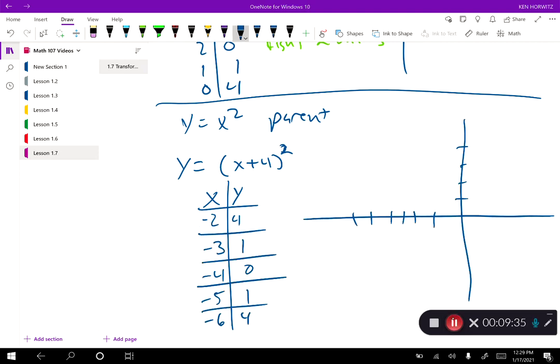All right, so here's my table of values compared to yours, but let's make a graph, and I'm not going to graph the parent function. Now, we've seen that enough, so I'm going to say -2, 4, -3, 1, -4, 0, 1, 4.